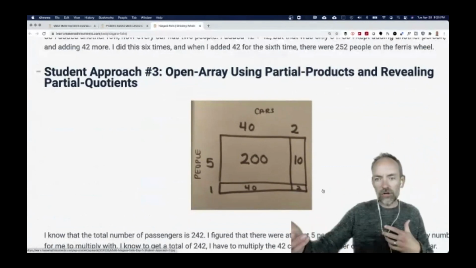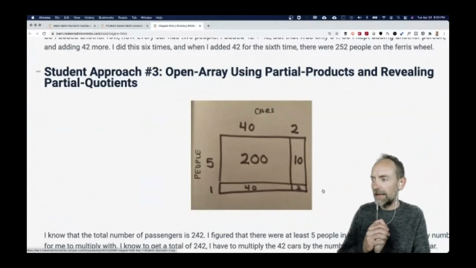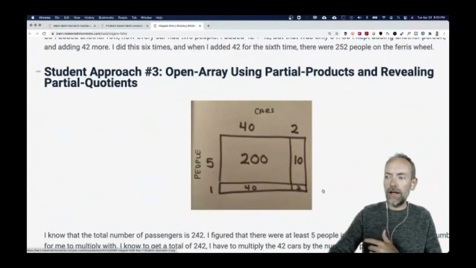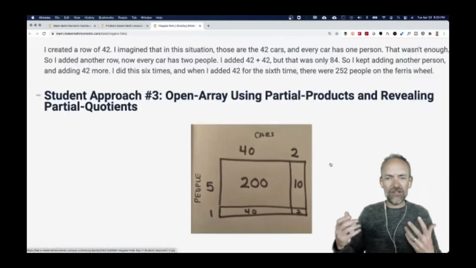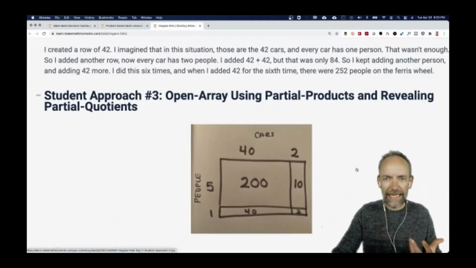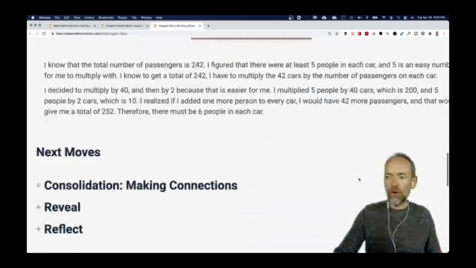And I heard partial products in the chat, I think maybe Kelly mentioned that. Partial products is a super helpful strategy where students can start making connections as to why even the long division algorithm works, because it does depend on this idea in order to work.